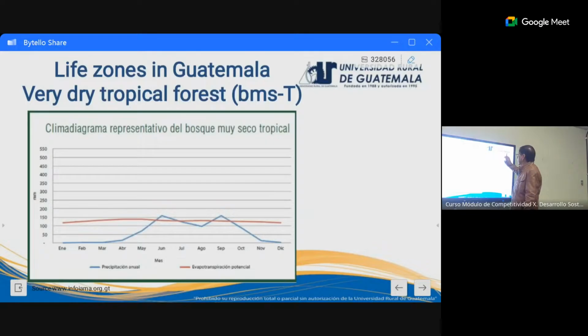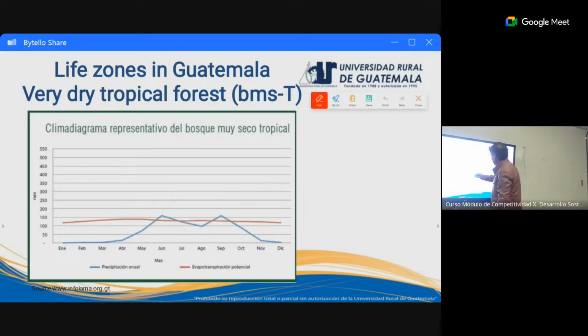Here we can see a diagram where we have some values. The annual precipitation that you have here with this blue line. This blue line is the annual precipitation here. And the other one, the red line, is the evapotranspiration. I mean, the potential evapotranspiration.